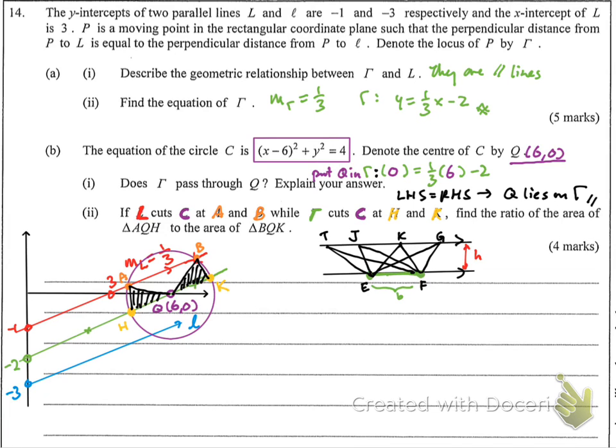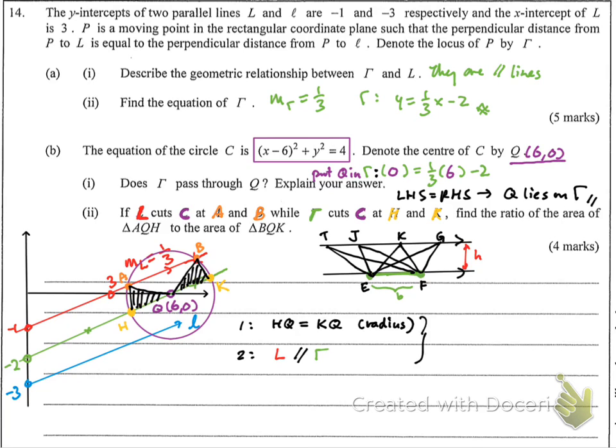Now, if you look at this question, the 2 triangles, AHQ and BQK, have the same base. Number 1, the base HQ is the same as KQ because they are both radii of the circle. And secondly, because L is parallel to gamma, the green line and the red line are parallel, so they have the same height.